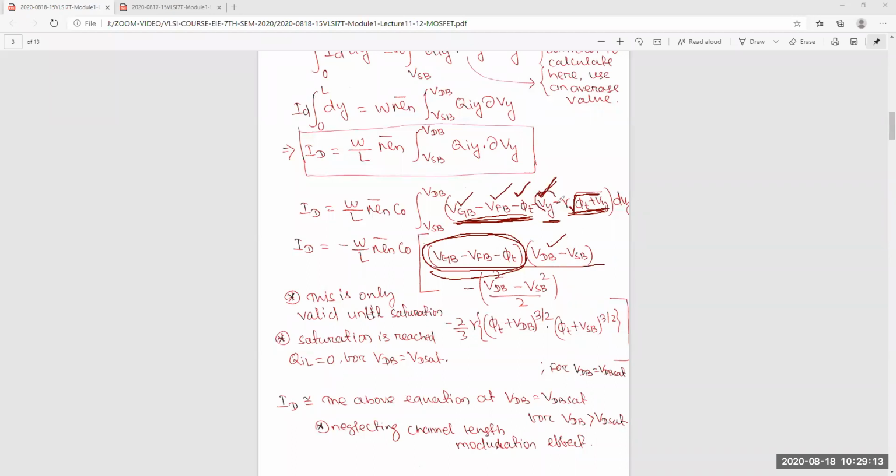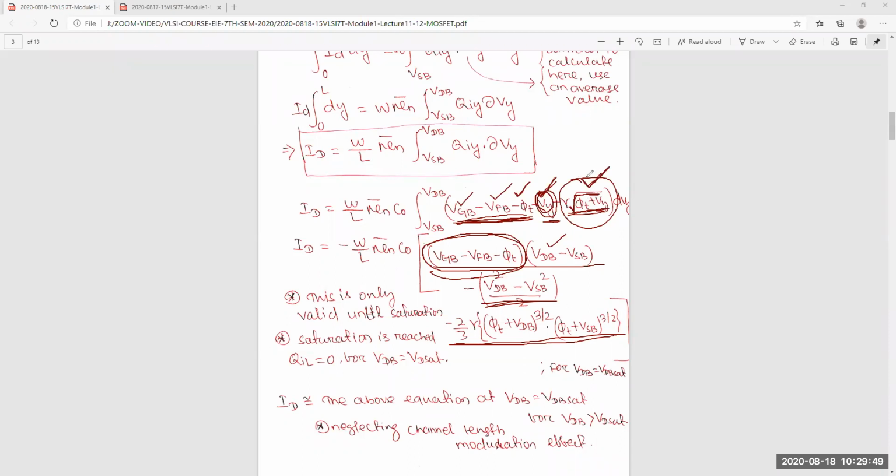For the linear part, if you integrate, you will get V_y square by 2, then finally V_DB minus V_SB. This is the integration, and for the root part, the integration is this. I will strongly recommend you do this integration. Are you agree with me or not?